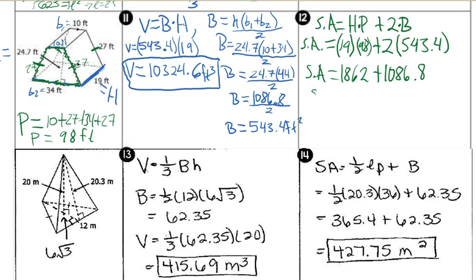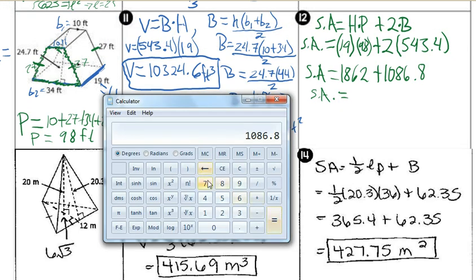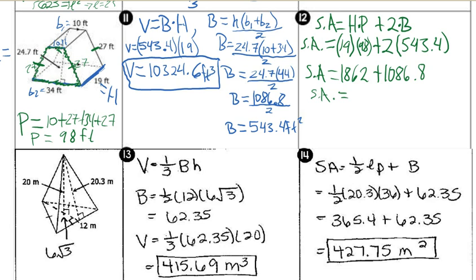Add those two. 2948.8. 2948.8, and this is feet squared, and we are done.